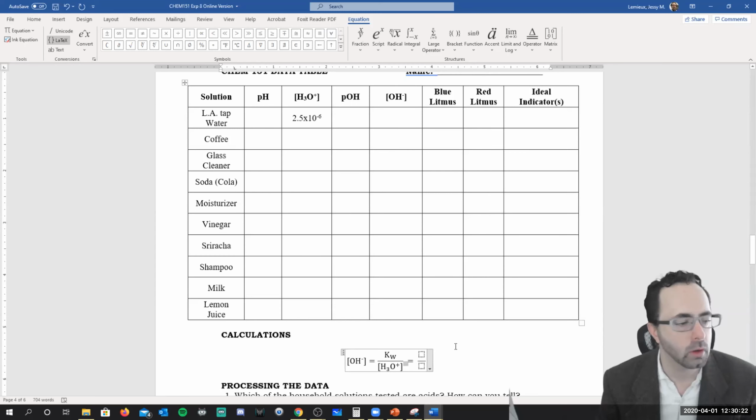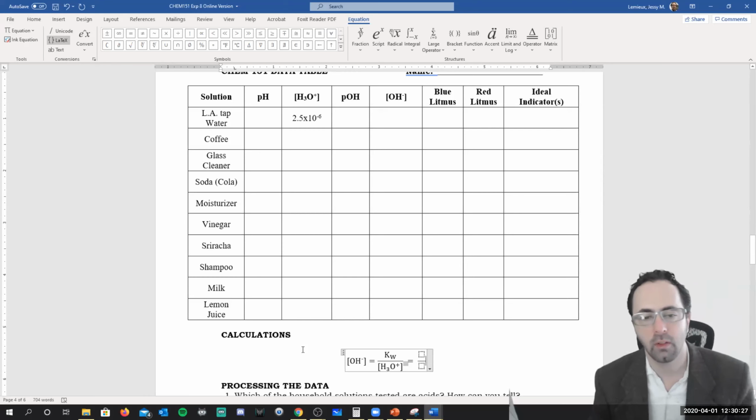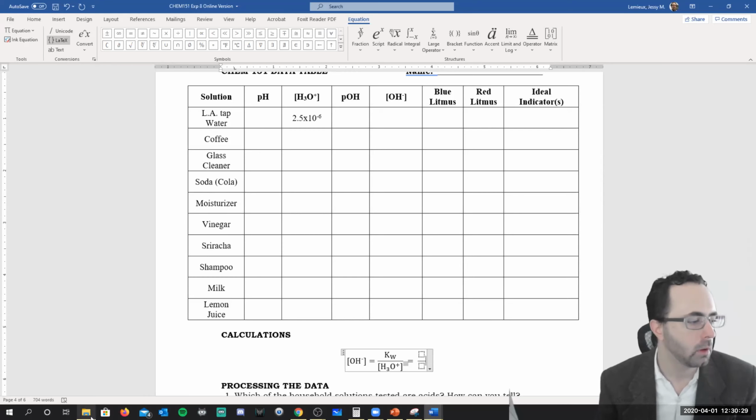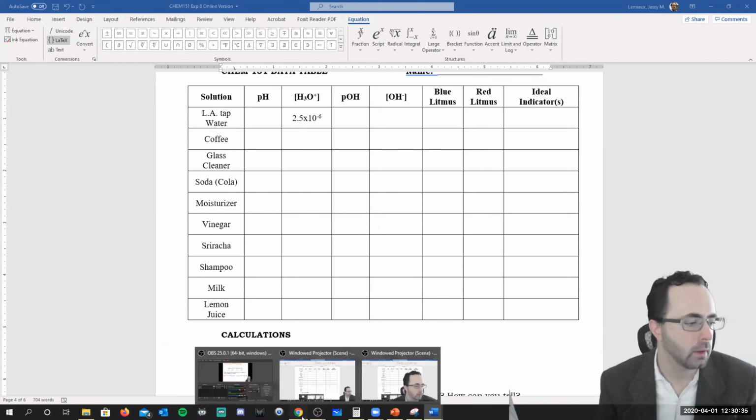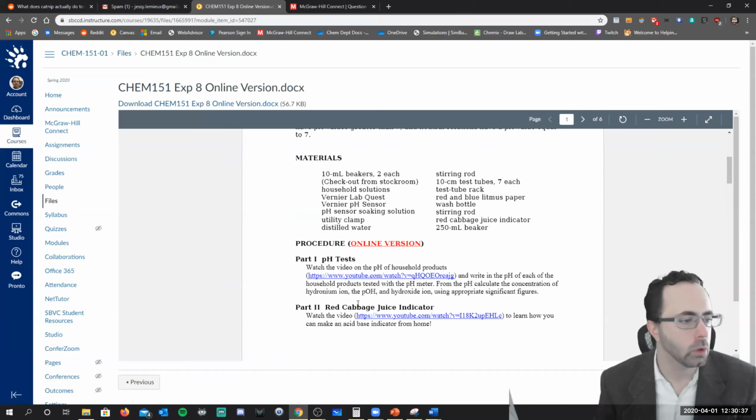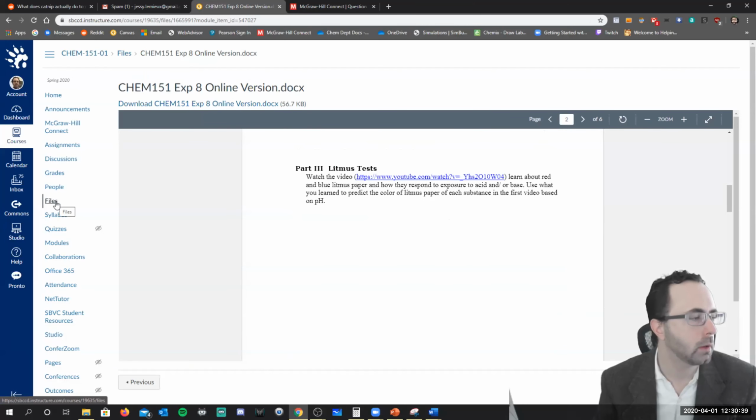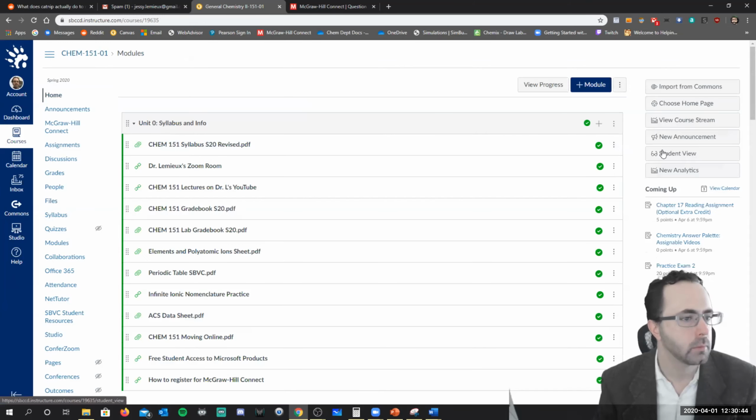So you can show your work that way if you like, or you can write it in and upload a picture. Again, when you're done, you'll have your Word document, or you'll have a picture of your Word document. You'll go, let me get into student view. Student view, you'll go to the assignment.